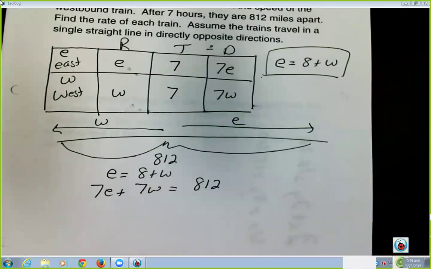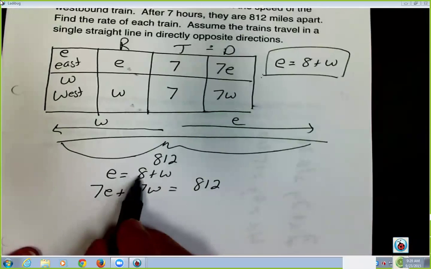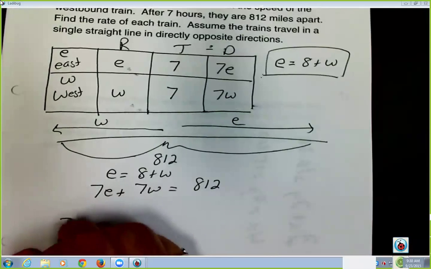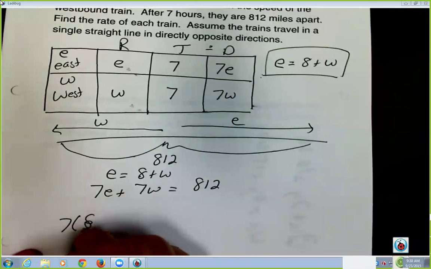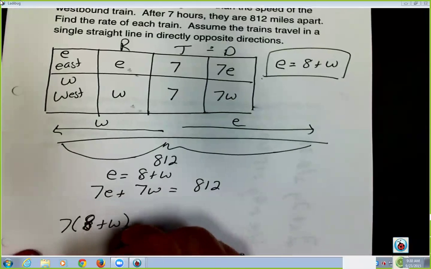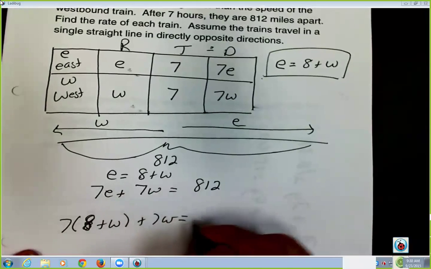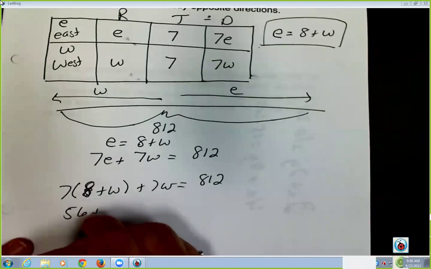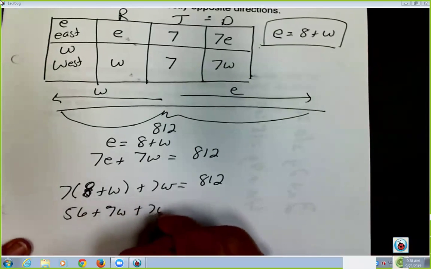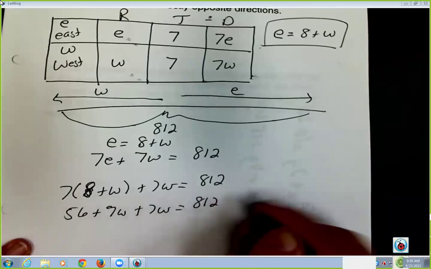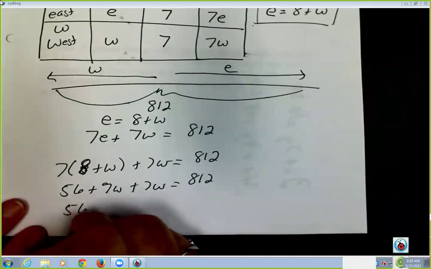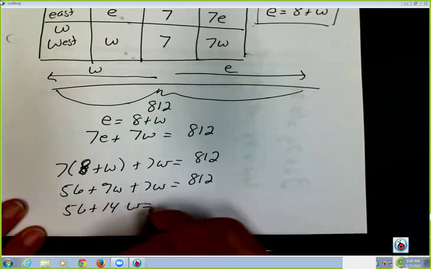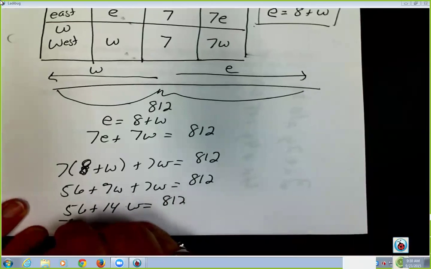So if we plug it in and solve it, we'd use probably substitution. So I have 7 times (8 plus W) plus 7W equals 812. So 56 plus 7W plus 7W equals 812. Minus 56.